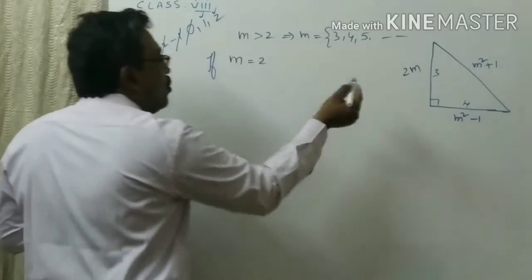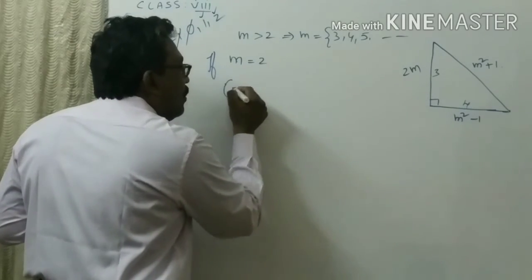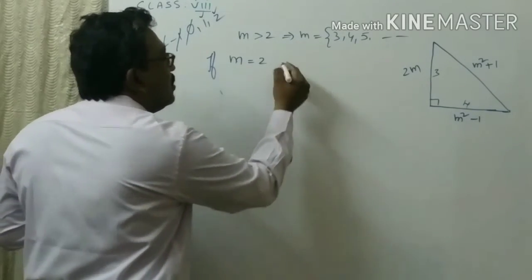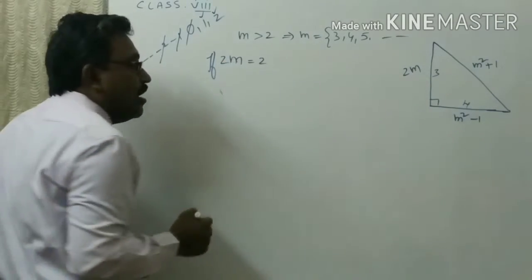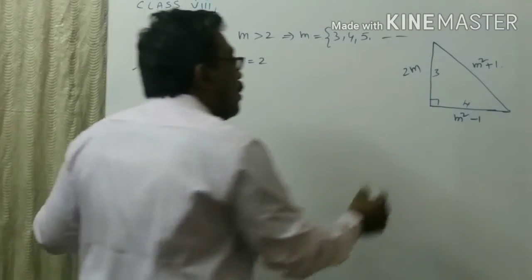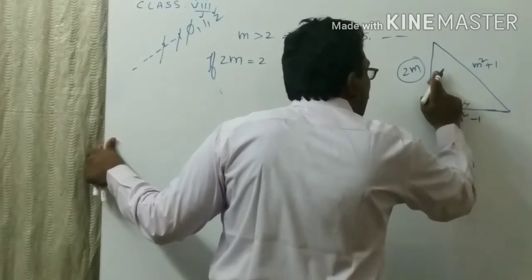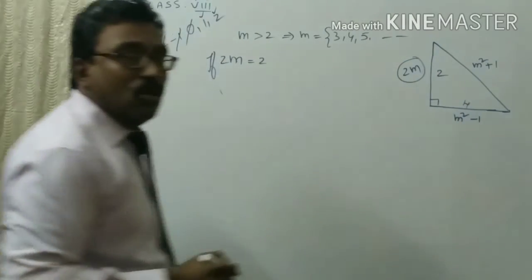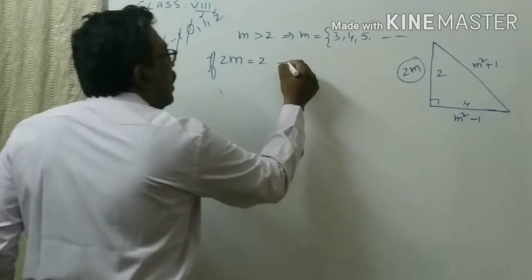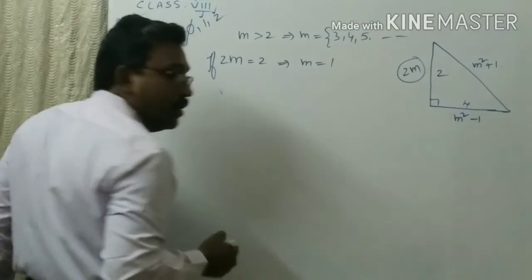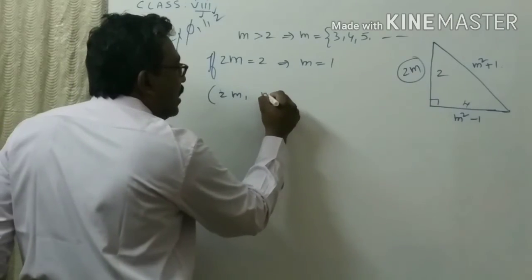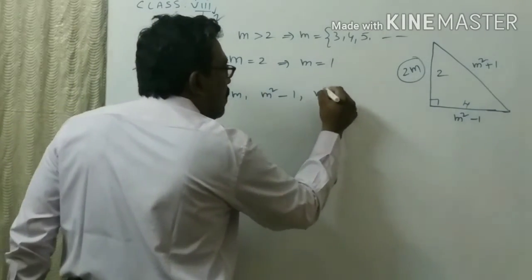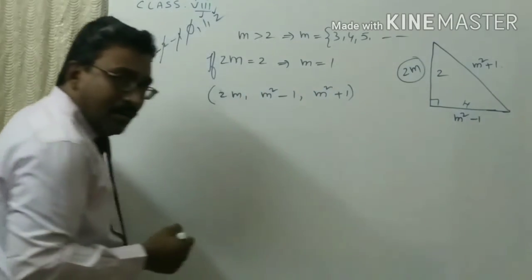If one side is 2, that means 2m is equal to 2. Now, m is equal to how much? 2 by 2, which is 1. What is that Pythagorean triplet formula I said? 2m, m square minus 1, m square plus 1.